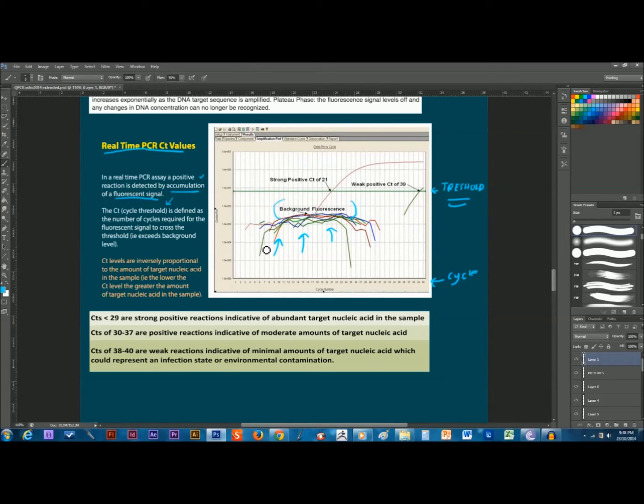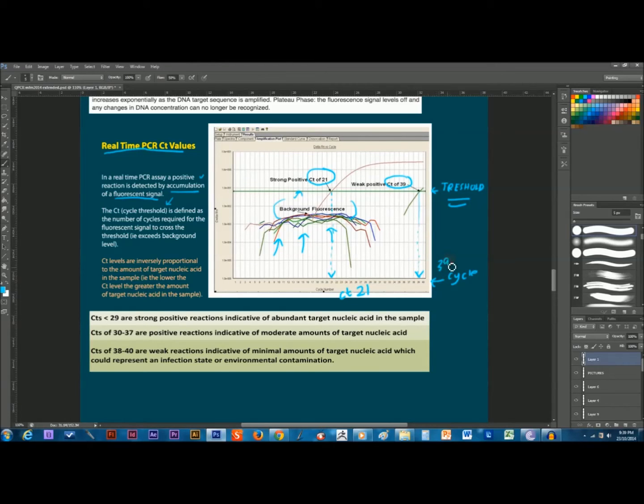Okay, for example here, this is the CT value, where the amplification curve crosses the threshold. The green color here is the threshold line. So two samples here, one CT value is 21 and another is CT 39.